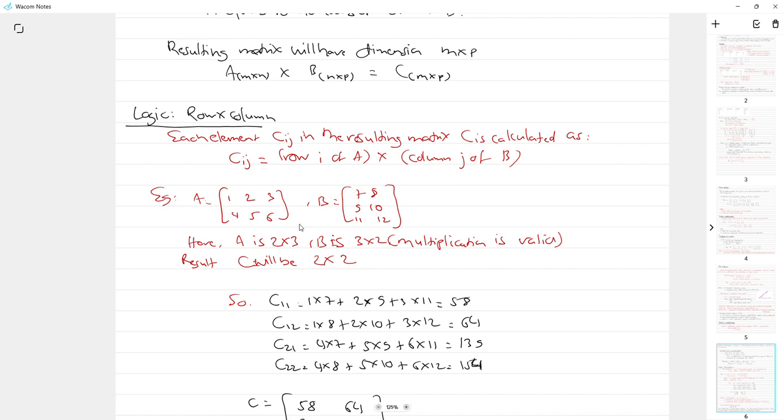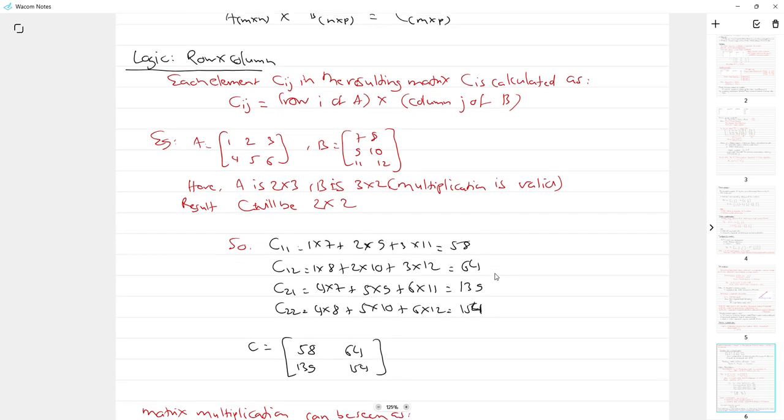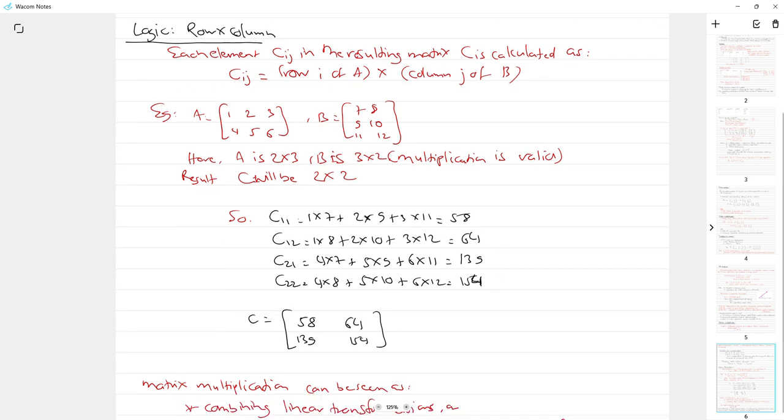We can see that C11 is equal to row 1 of matrix A times column 1 of matrix B, plus the next element of row 1 of matrix A times column 2 of matrix B, and so on. And then we can obtain our resulting matrix C as shown in the example here.